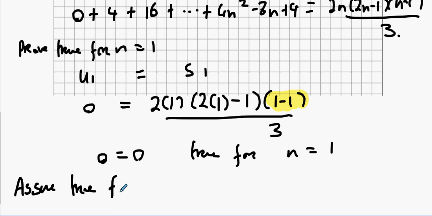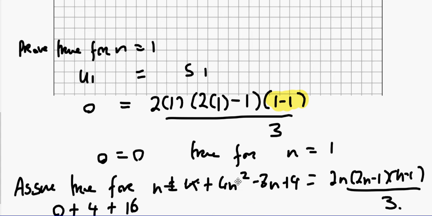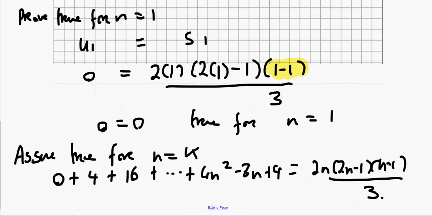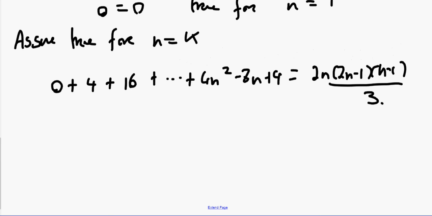Now, assume true for n equals k. So all this I wrote earlier, so I'm just going to steal it from earlier. And here's what we're going to do with this. Anywhere I see an n, it's going to become a k.